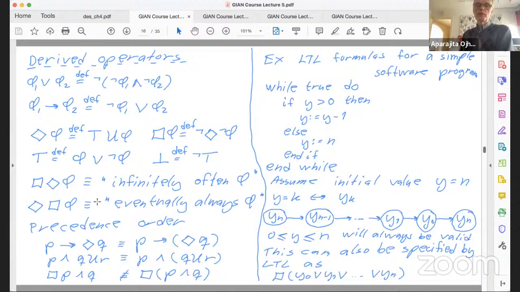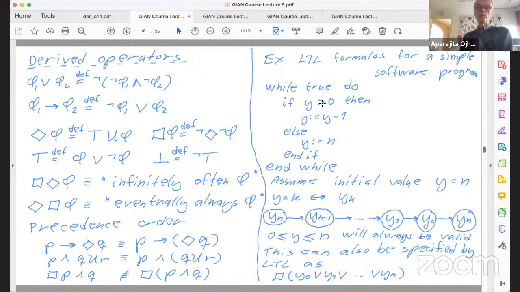So this program is, while true, an infinite loop. Do, if y is greater than 0, then you update the y value, so you decrease it one step. This was noted as y minus when I had the Petri nets with shared variables. So the next value is y minus 1.